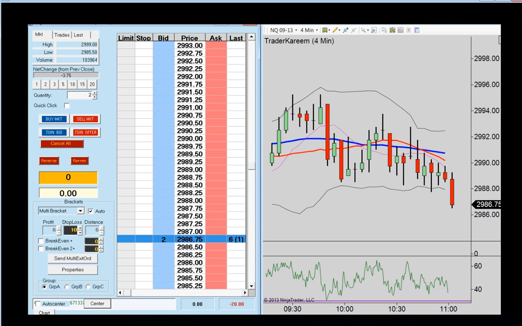And after that, this trade was setting up as well. Price is moving away.